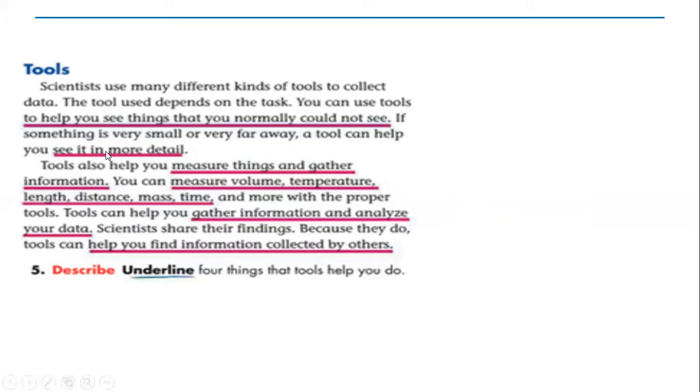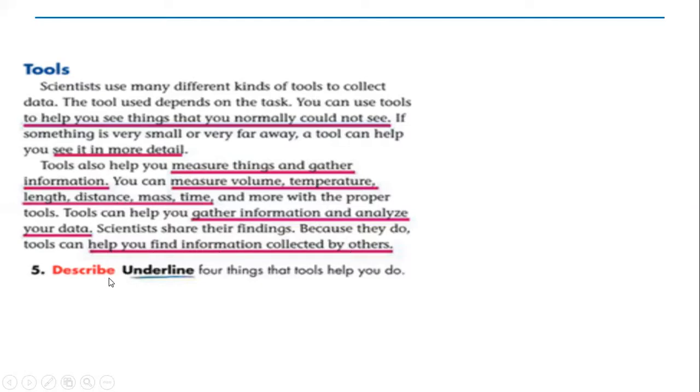See it in more detail. Measure things and gather information. Measure volume, temperature, length, distance, mass, and time. Gather information and analyze your data. Help you find information collected by others.